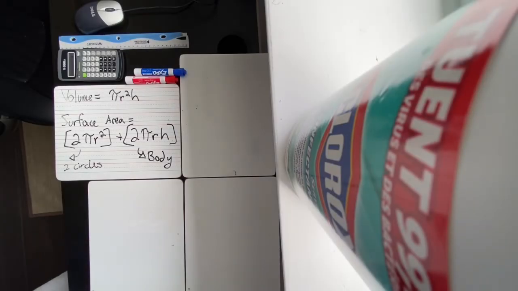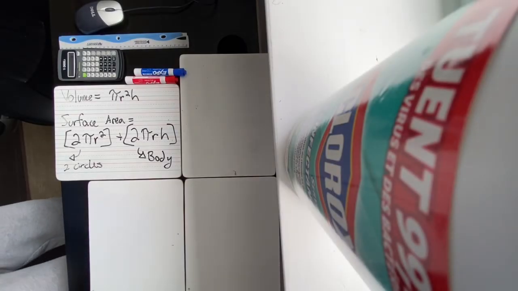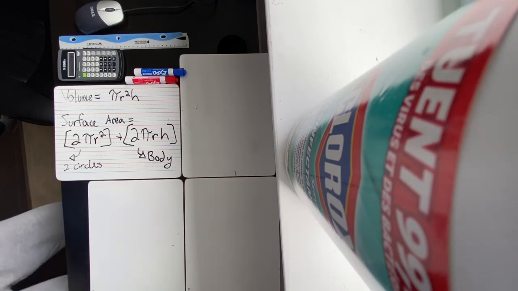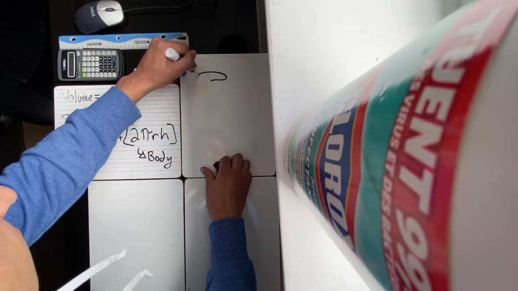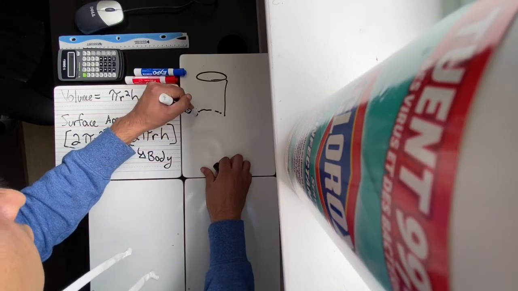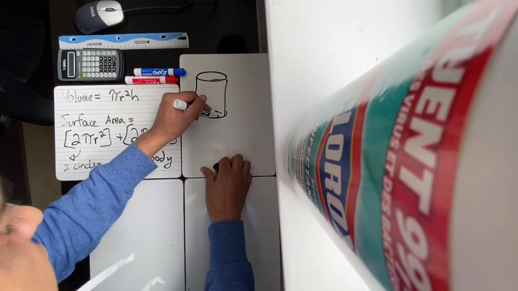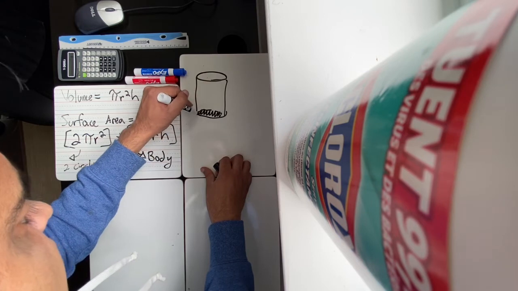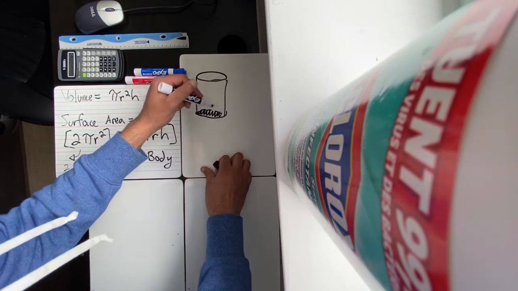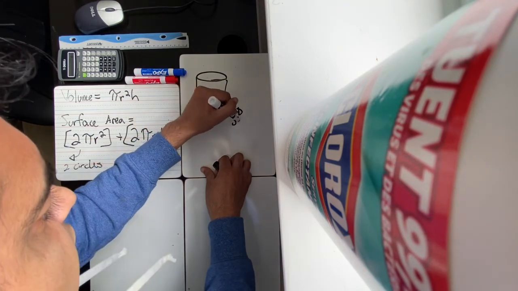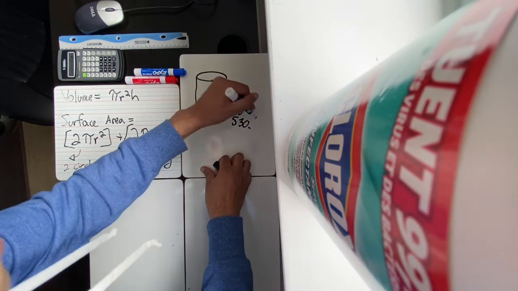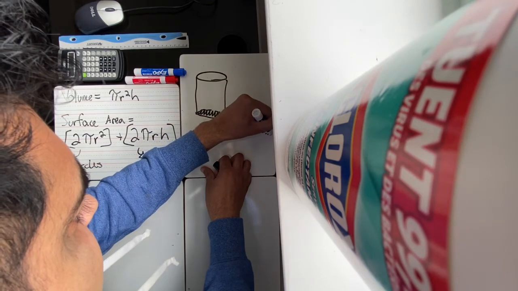All right, so as you just read, the last one there says the bottom of a cylinder has an area of 530.93 centimeters squared. What is the radius of this bottom? So we got another cylinder here. Just the bottom part here has an area of 530.93 centimeters squared.